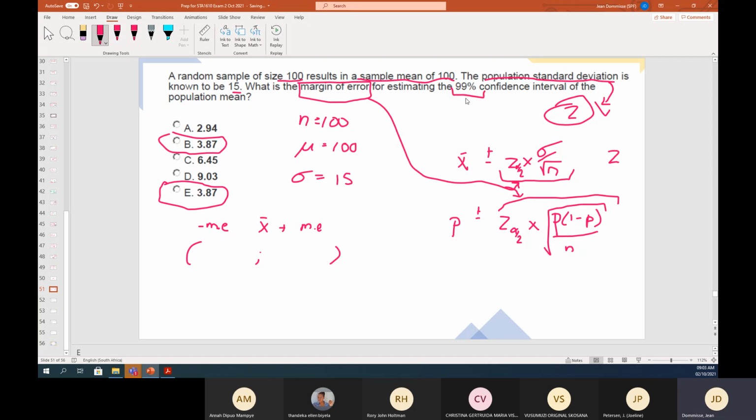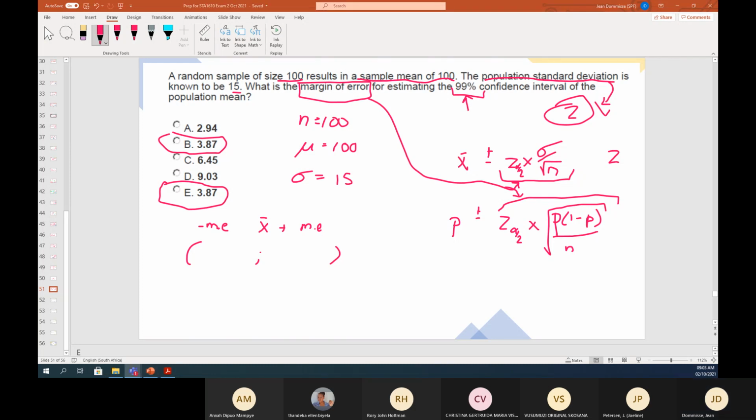They give us 99%. With 99%, you can use the table that is in your study guide. There they tell you the level of 99%, 95%, 90%.